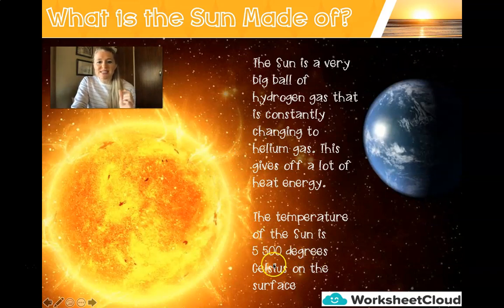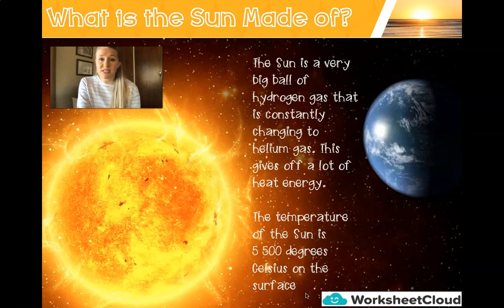Now, the temperature of the sun is 5,500 degrees Celsius on the surface. That's just on the surface, not in the middle of the sun. On the surface of the sun, that's how hot it actually gets. So the next time it is summer, because we are in autumn at the moment, and we have a particularly hot day, usually in December and January, and our temperatures here in South Africa can reach well into the high 30s, just think about it.